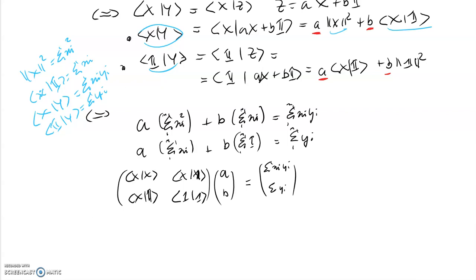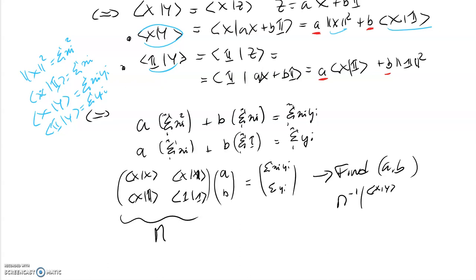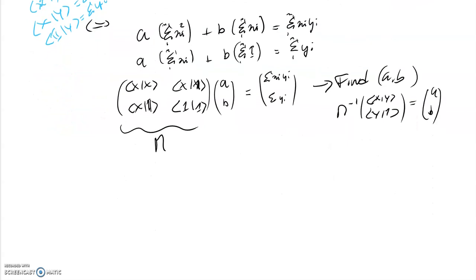You just have to invert that matrix and find a and b: if you call this matrix M, calculate M inverse times the vector with x y and 1 y. You apply that, and it gives you your unknowns a and b. And this is it. It's the least squares. You can extend that to things a bit more complicated, but maybe we'll do that another time. Okay, good.